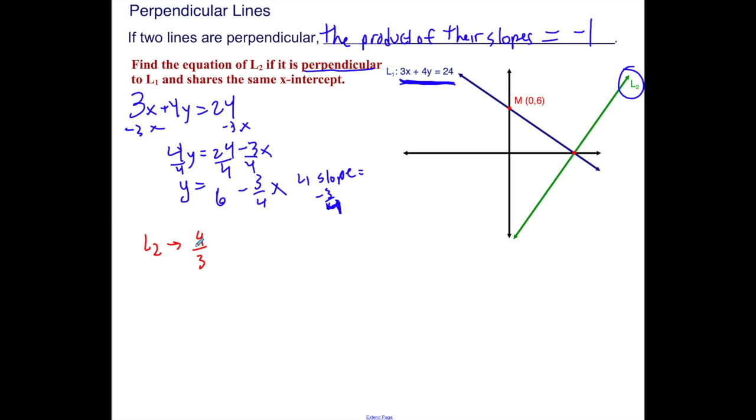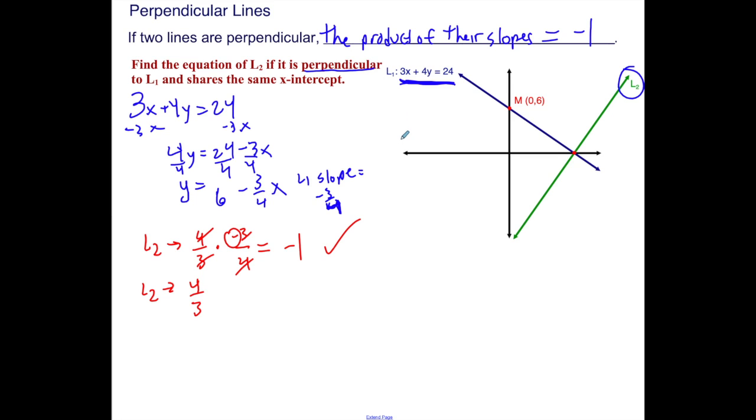And like we said, the product of the slopes must equal negative 1. So to check this, I'll just multiply it. So this times negative 3 over 4. And if you multiply those two, look at that. This cancels here. This cancels here. And all we're left with is a negative 1. So that's true. These are perpendicular slopes. So the slope of L2 equals 4 over 3.